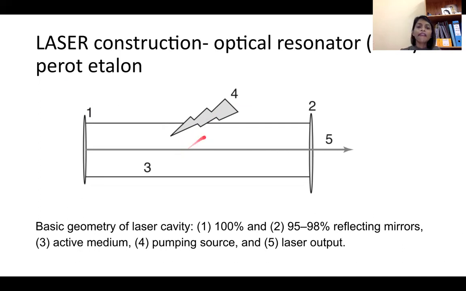And why we want these highly reflecting mirrors at two ends is, first, electrons will jump down spontaneously. The electrons that are accumulated at the metastable level, when the lifetime is over, will drop down to the lower energy level and spontaneously emit light, the energy difference, as a photon.